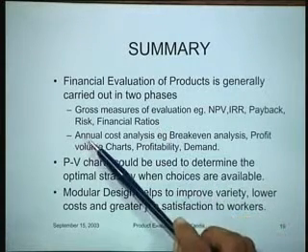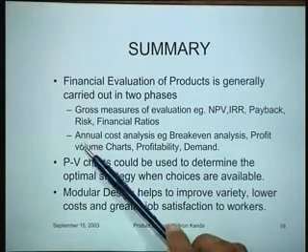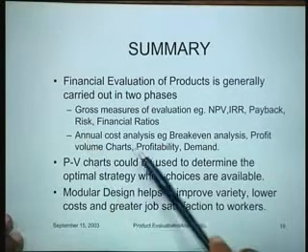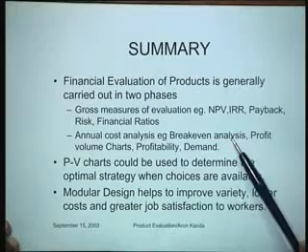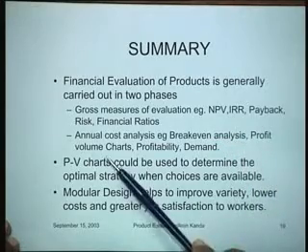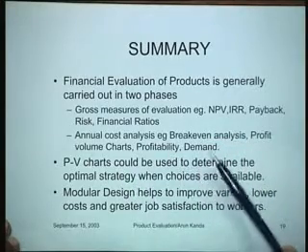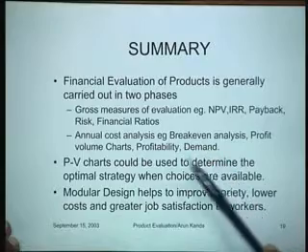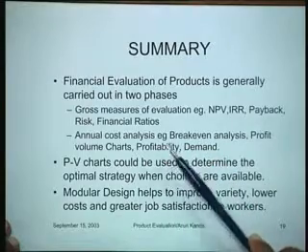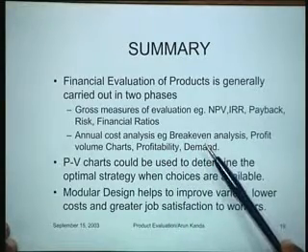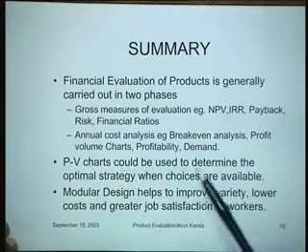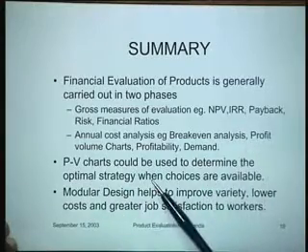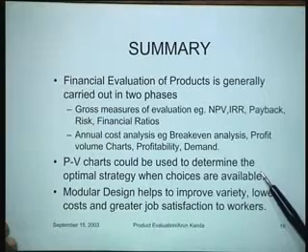In this particular lecture, we have tended to focus more on the annual cost analysis, such as break-even analysis, profit volume charts, profitability, and the effect of fluctuations in demand and profitability on the product. So what we saw was that profit volume charts could be used to determine the optimal strategy when choices are available.